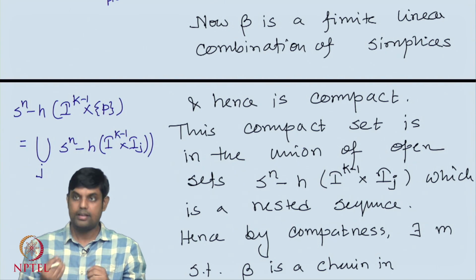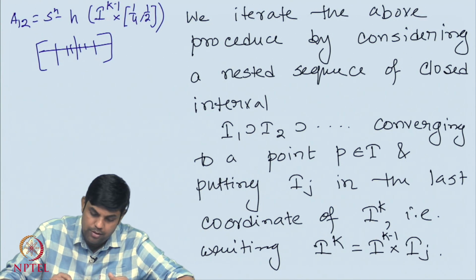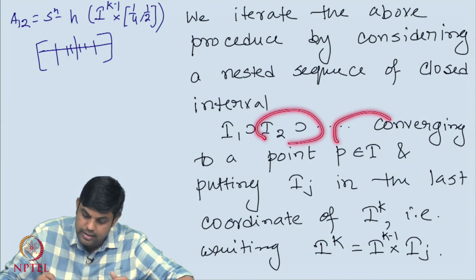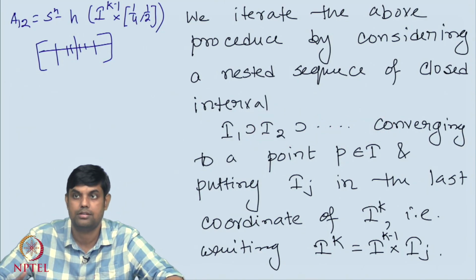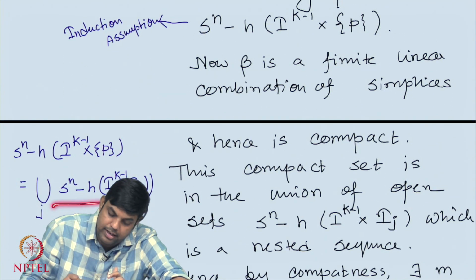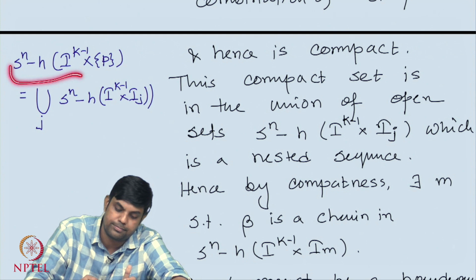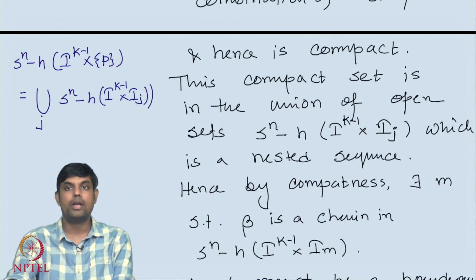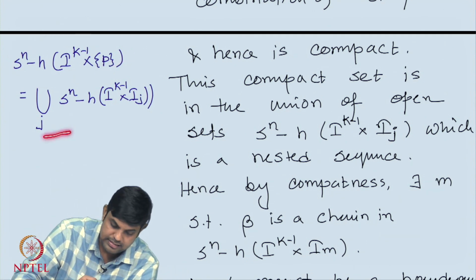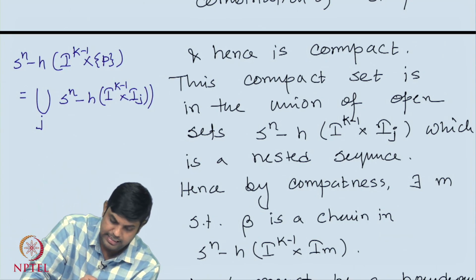This is a point you have to understand: I1 contains I2 contains I3, so the intervals are getting smaller and smaller. You are looking at the complement, so the sets are getting bigger and bigger, and their entire union contains this one. So this is an open cover of this set.